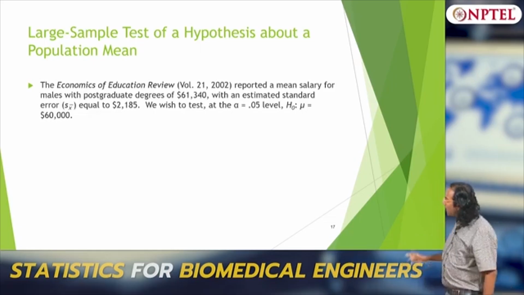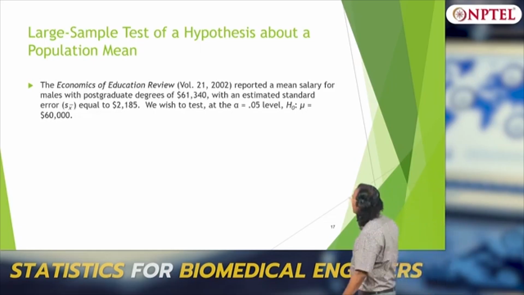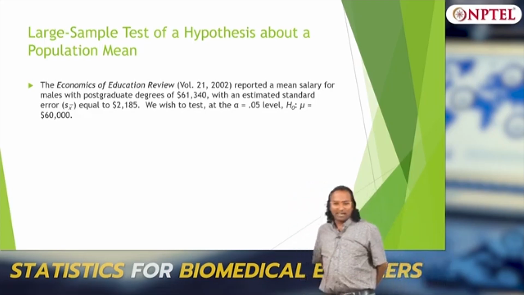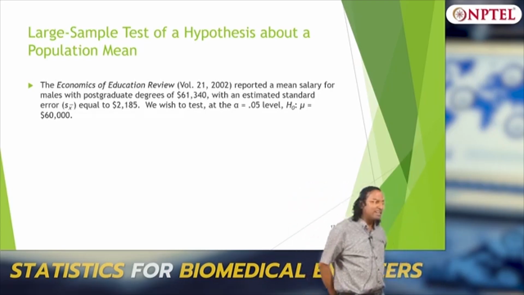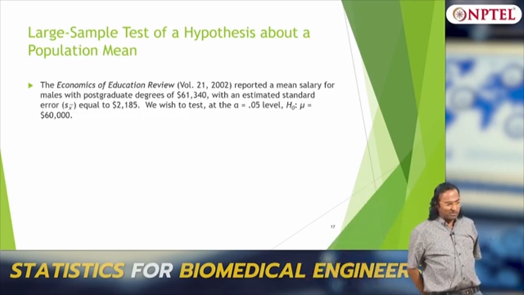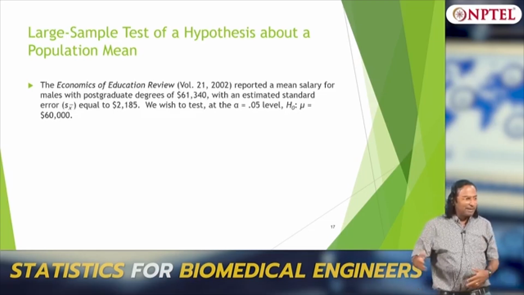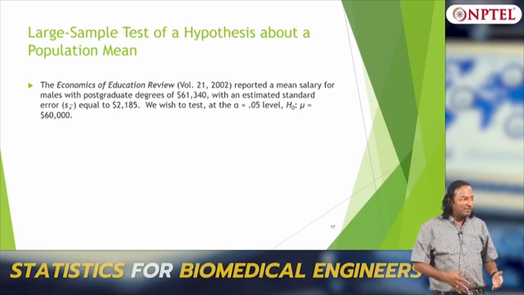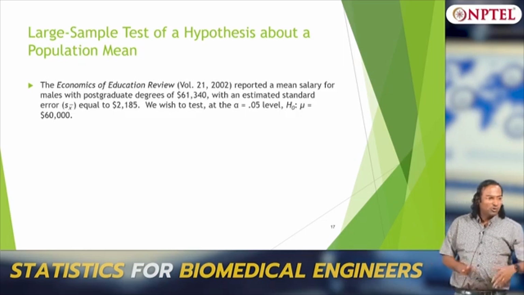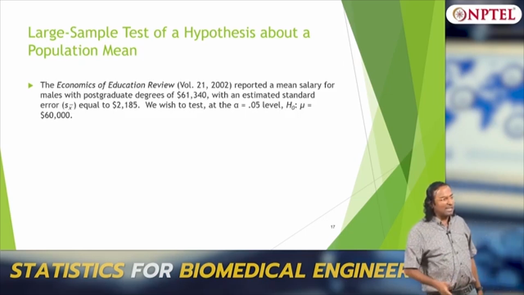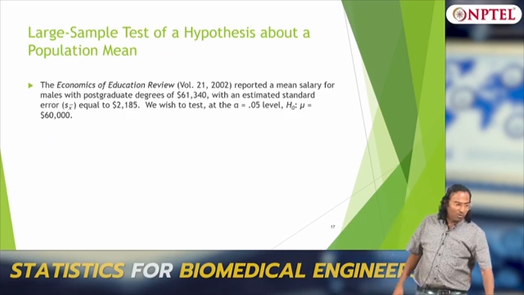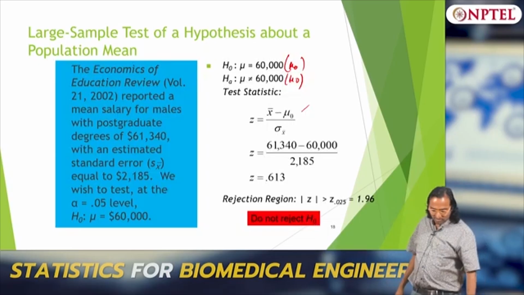Just looking at the numbers you should be able to take a guess, because look, 60,000 to 61,340, the average change is only 1,340 with a standard error of 2000 plus, so 58,000 to 62,000, you are only talking about 60,000 to 61,500 close to, so it will not be able to reject the null for sure. Just looking at the problem you should have an idea about the answer.